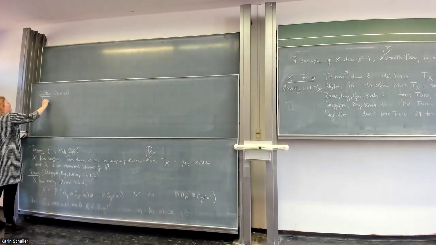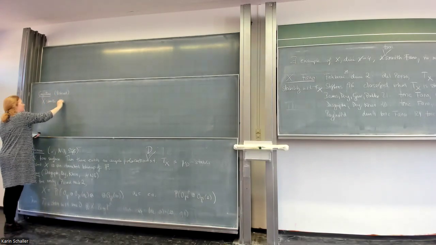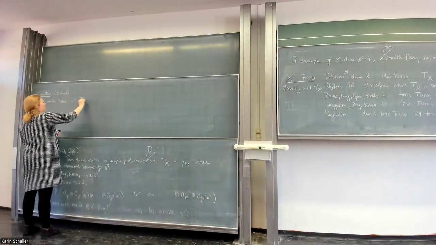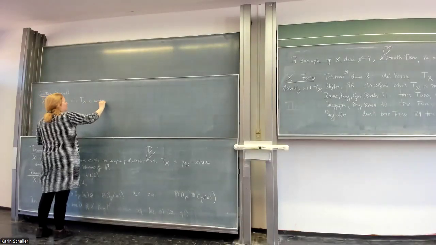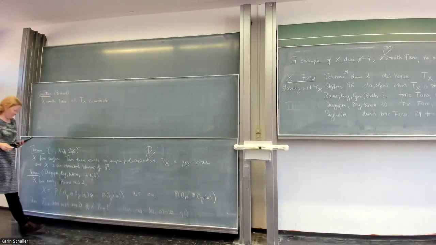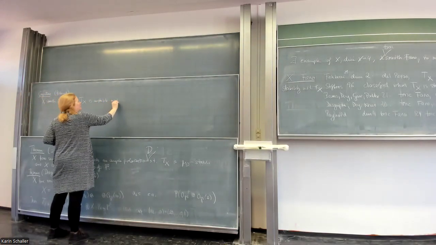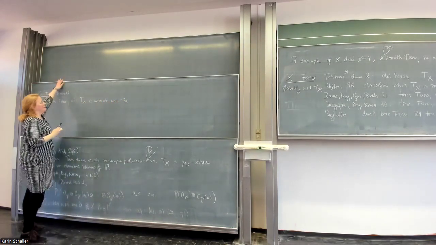So if X is a smooth Fano such that T_X is unstable, then we want to find out why it is unstable with respect to minus K_X.